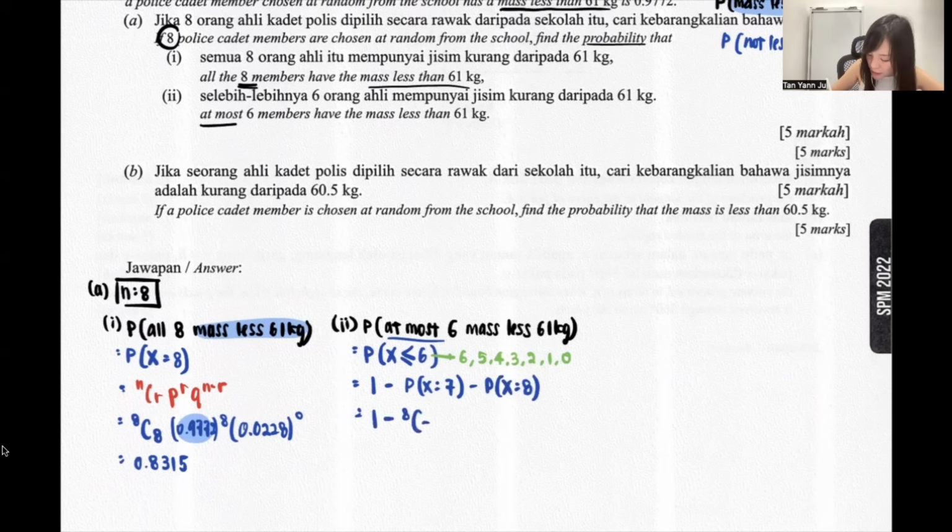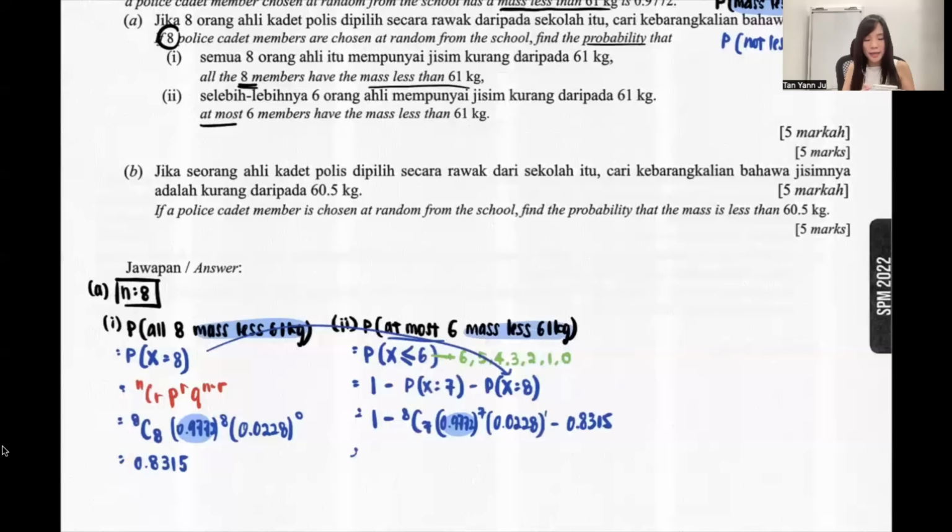So now 8 people, 7 of them success. What is their success? They are still talking about mass less than 61 kg, so still 0.9772, and I have 7 of them. Then the failure is 0.0228, with 1 of them. And for the probability X equals 8, I already did it just now, so I can straight away substitute.